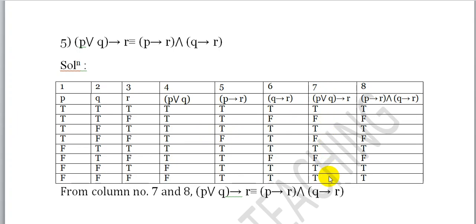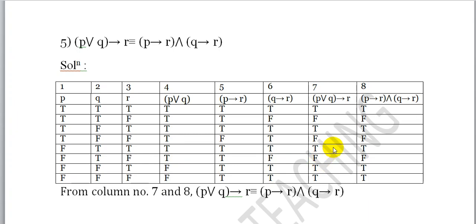For the right hand side, P to R and Q to R, using column number 5 and 6 and applying the AND rule between them: T and T is T, and T and T is T, but T and F is F, right? If both are true, then it is true, otherwise false. So this will be false, this will be false, right?